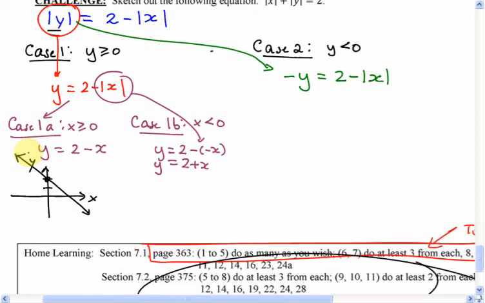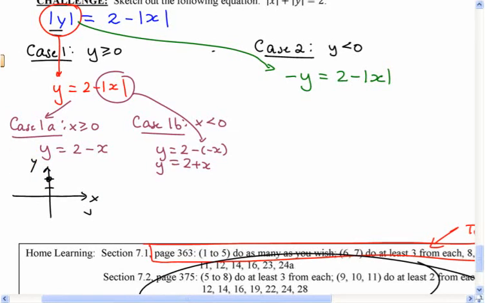Now, be careful. This is not the actual correct graph for case number 1A. Because what did I say for case 1A's domain? X has to be greater than or equal to 0. So which part should I get rid of? Everything that's left of that. So let's erase. Everything should be greater than 0 like this. Now, is that correct?